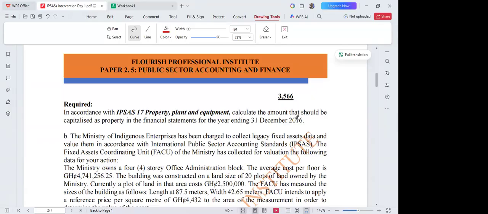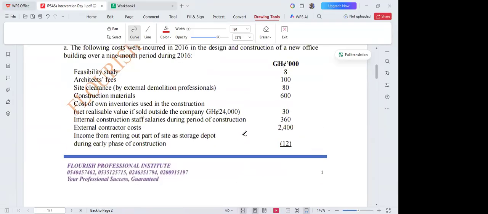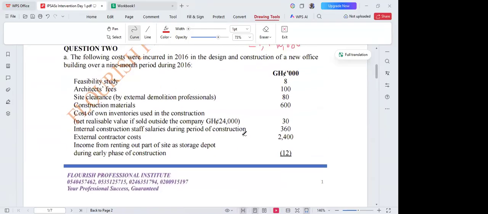Okay. So we know the standard here to be IPSAS 17. So this deals with costs. So let's do a recap on that.